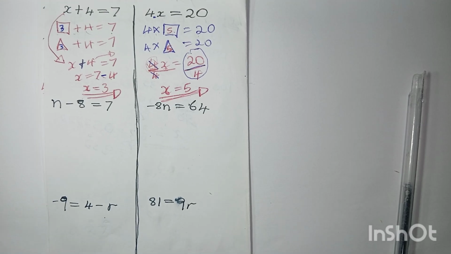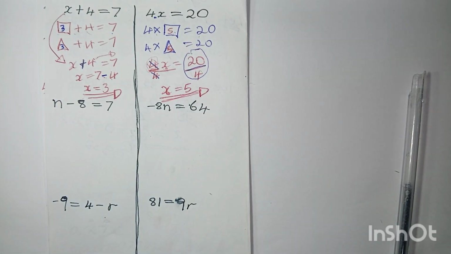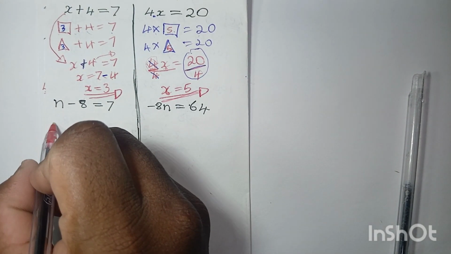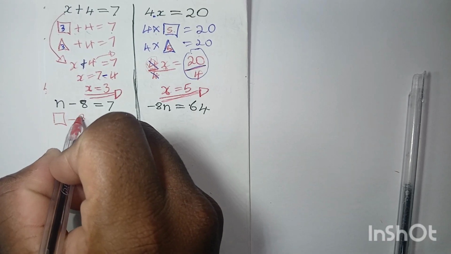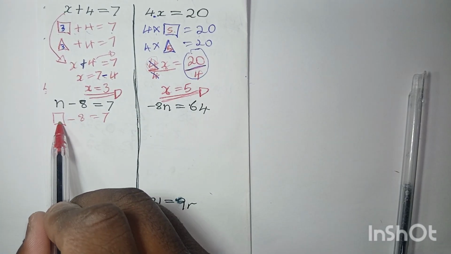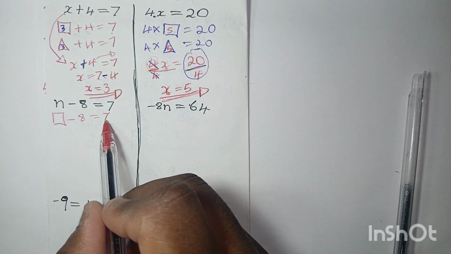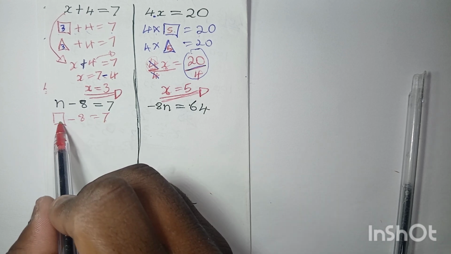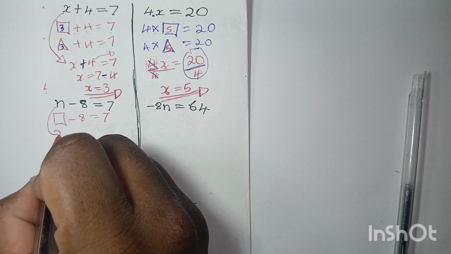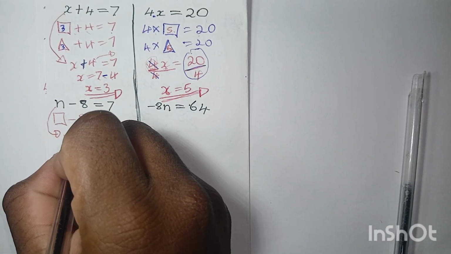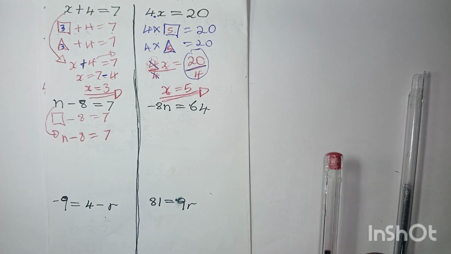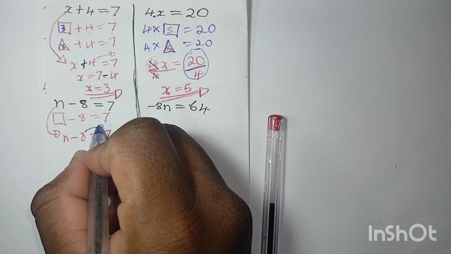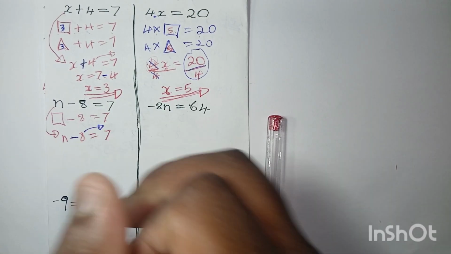So for this one, what do you do? This is the same as the unknown value questions. You should identify what must be inside the box in order for me to get 7. In order to identify that, this is what I have. The moment I take this number to the other side, its sign will change.